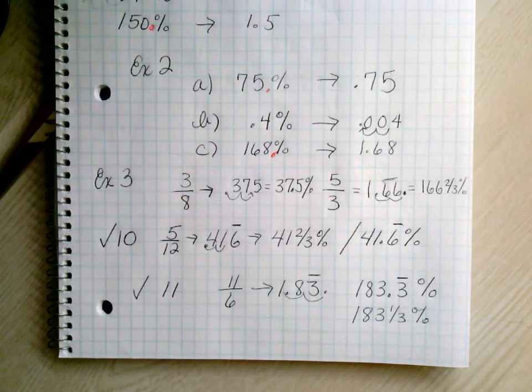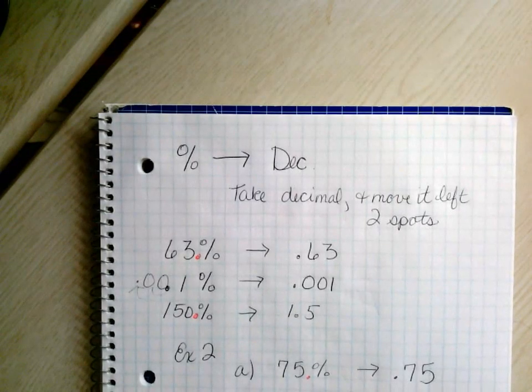So, our pygmy hippopotamus from the previous page. The pygmy hippopotamus is 10.5% of the big hippopotamus. Okay? 10.5% of the big hippo.